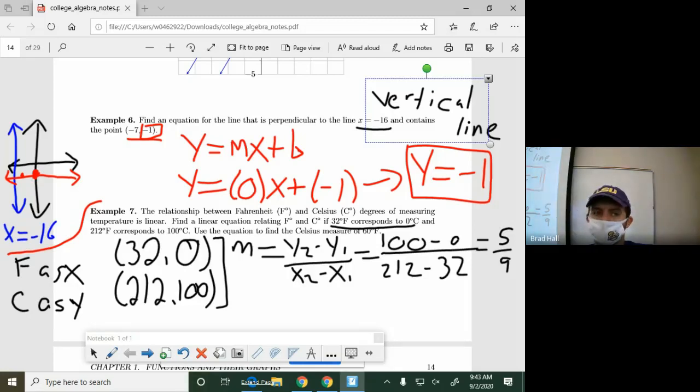I think you get 100 divided by 180, which is 10 over 18, which is 5 over 9. And they will want a fraction instead of a decimal. So with that being said, we have the slope.